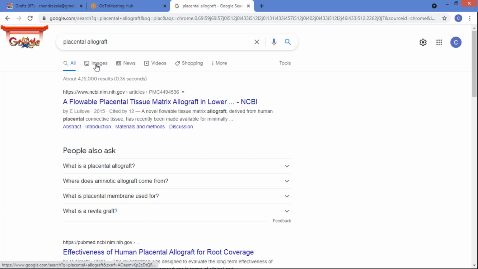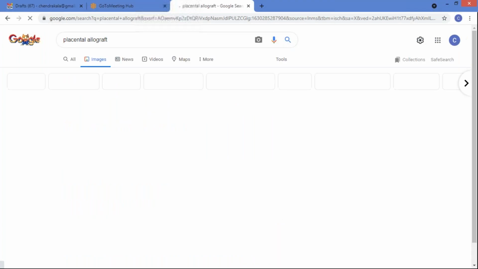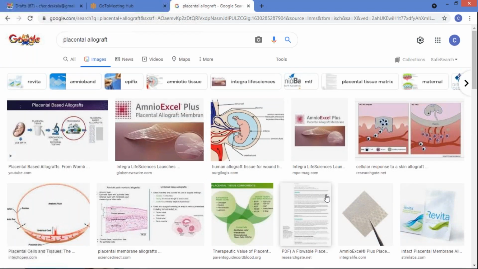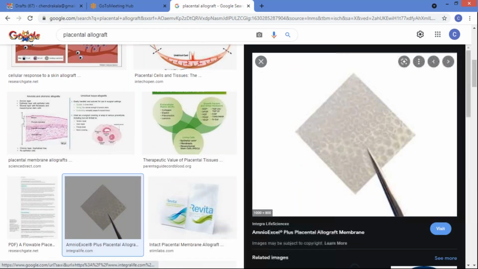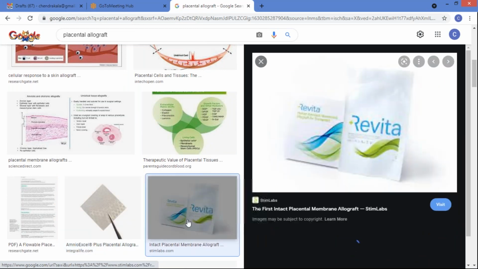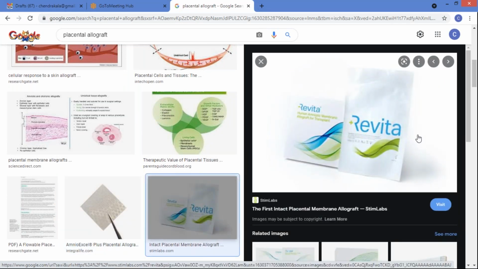It's not a product in the drug sense, it's not a device, it's not a vaccine. It's just a product which will be available like this in sachets, and it will look like this when you open.